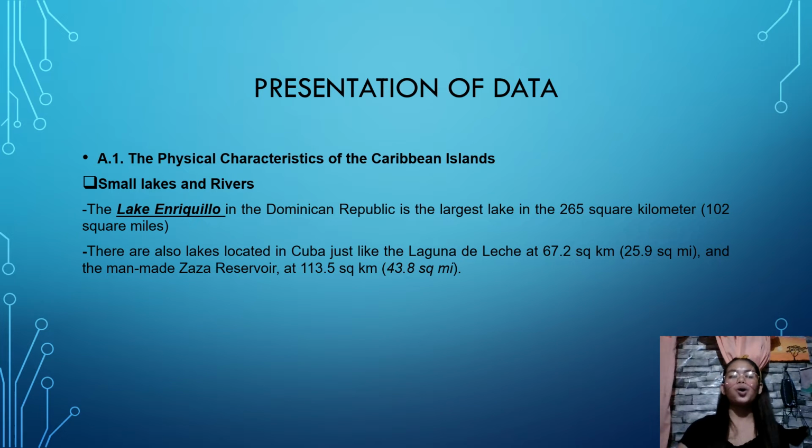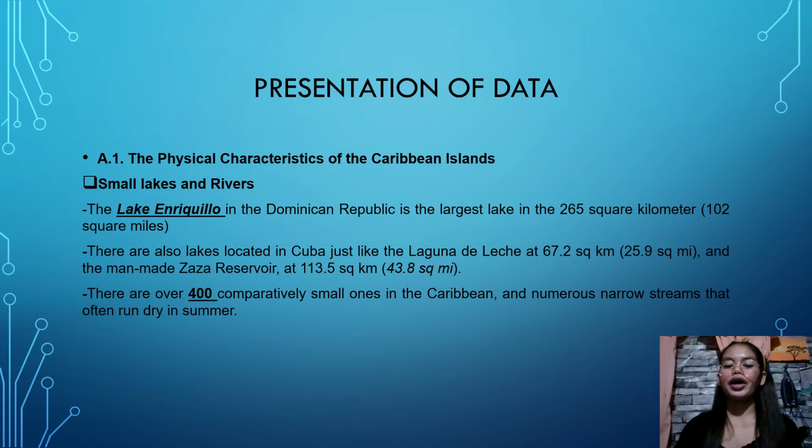There were also lakes located in Cuba, just like the Laguna de Leche at 67.2 square kilometers, or equivalence of 25.9 square miles, and the man-made Zaza Reservoir having 113.5 square kilometers, or an equivalence of 43.8 square miles.